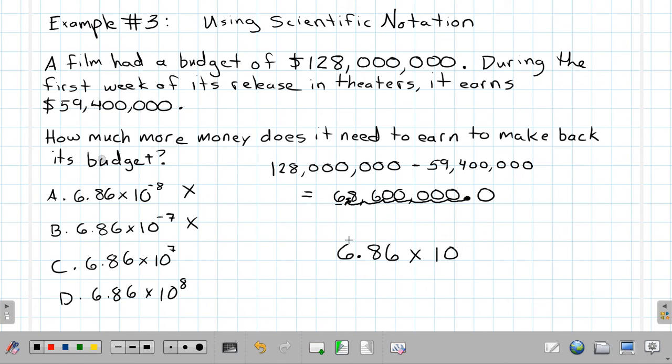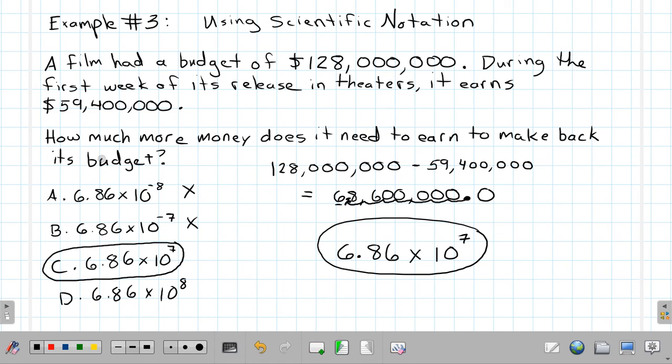We're going from a big number here, 68,600,000, to the number 6.86. So what kind of exponent do we need on the 10? Well, we need a positive 7 as the exponent, because that's why we were able to rule these out, because we want this number to get bigger. Okay, so that's the number there, and that tells us the answer is actually C.